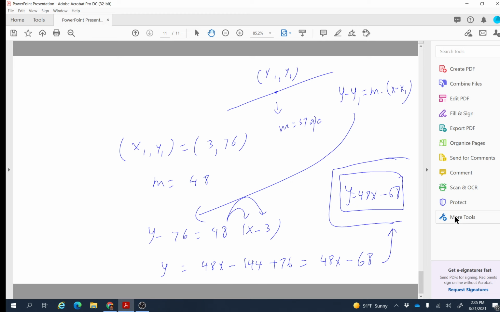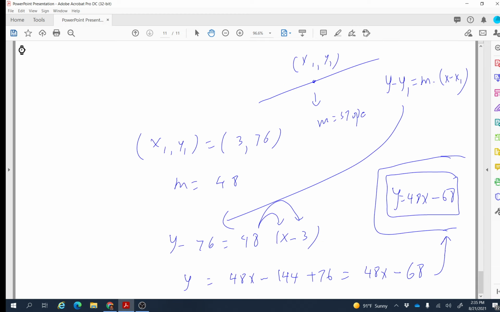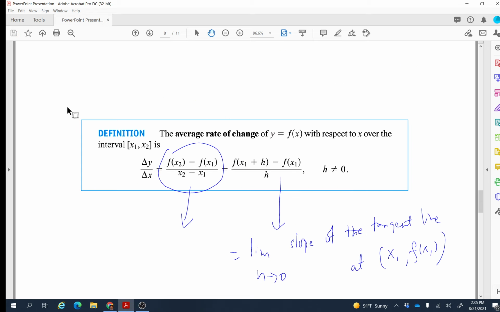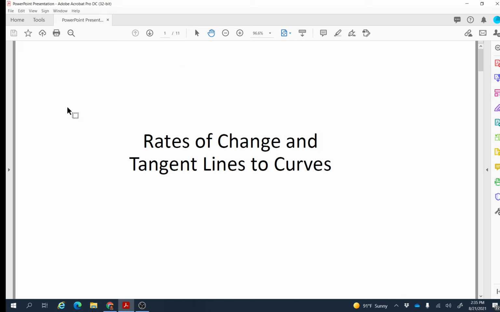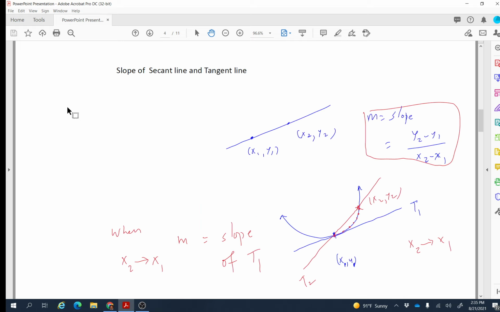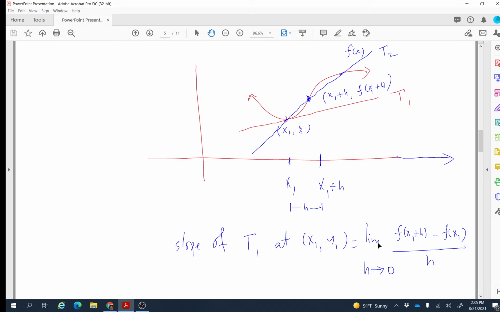Okay, that's how we can find the slope of a tangent line and the equation of a tangent line. The one thing you have to keep in mind from this section is you can use the slope formula for a secant line to find the slope of a tangent line by taking these points very close to each other, and that's where you have to use this limit approach.